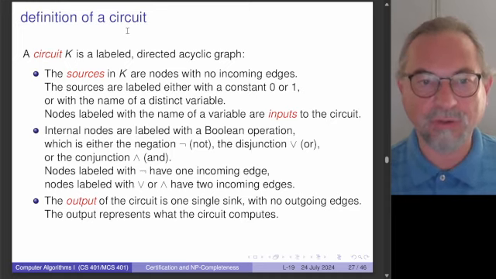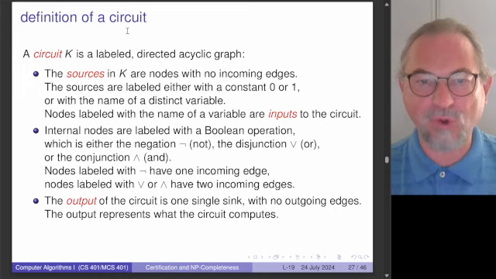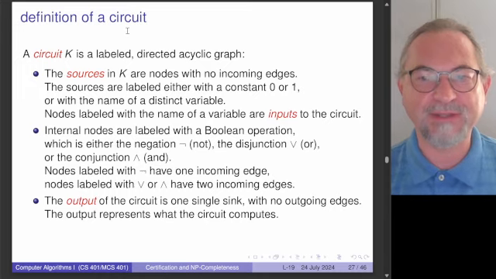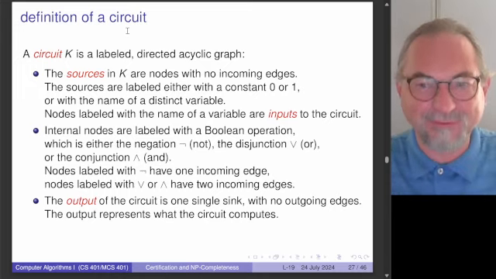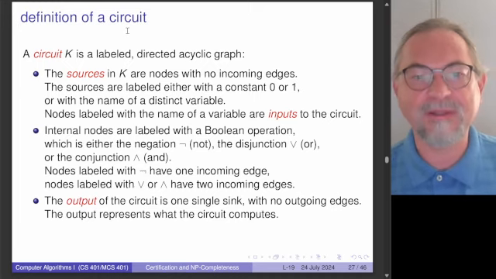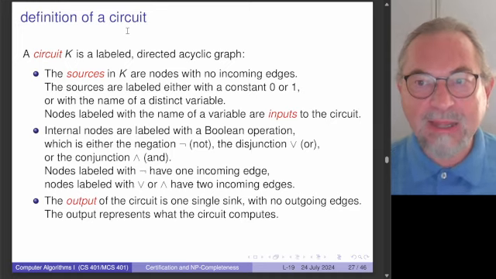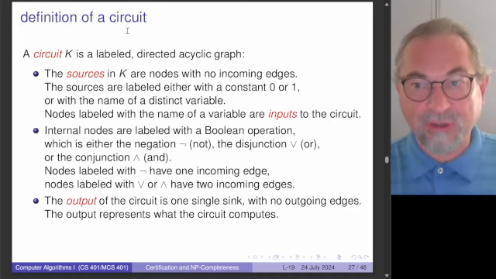You could also see that the information flows from the inputs upwards, or actually downwards if you think about fluid flows. It goes into the sink, which is the output. And the output actually returns what the circuit computes.